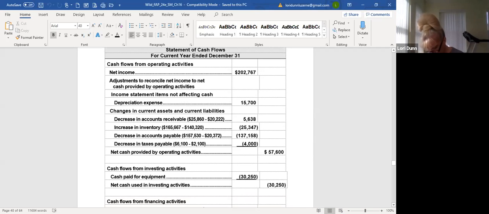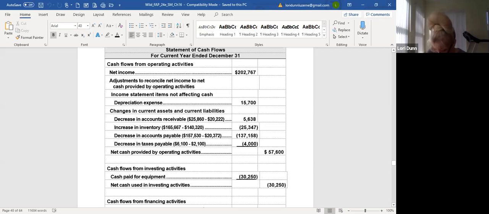There are no long-term liabilities for this company or any loans. Great. So the only changes from financing activities are due to equity changes. So let's take a look.